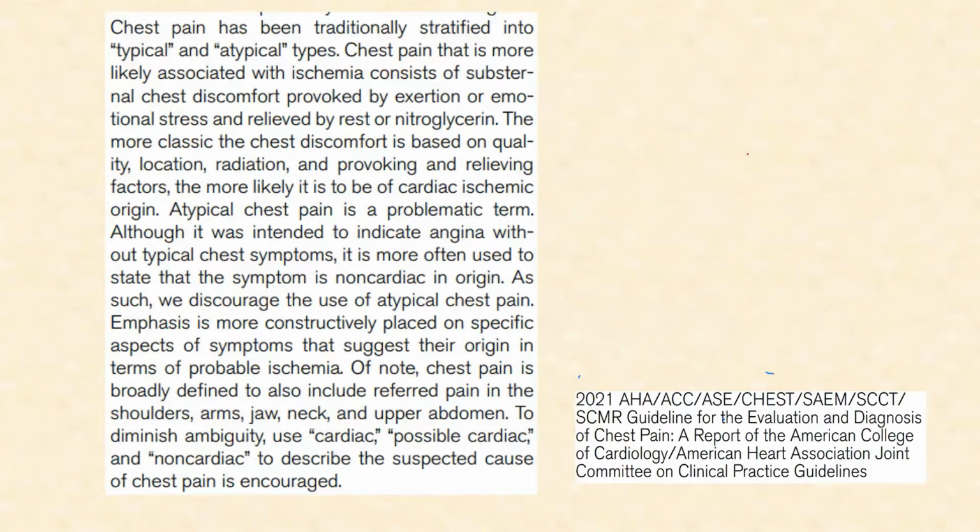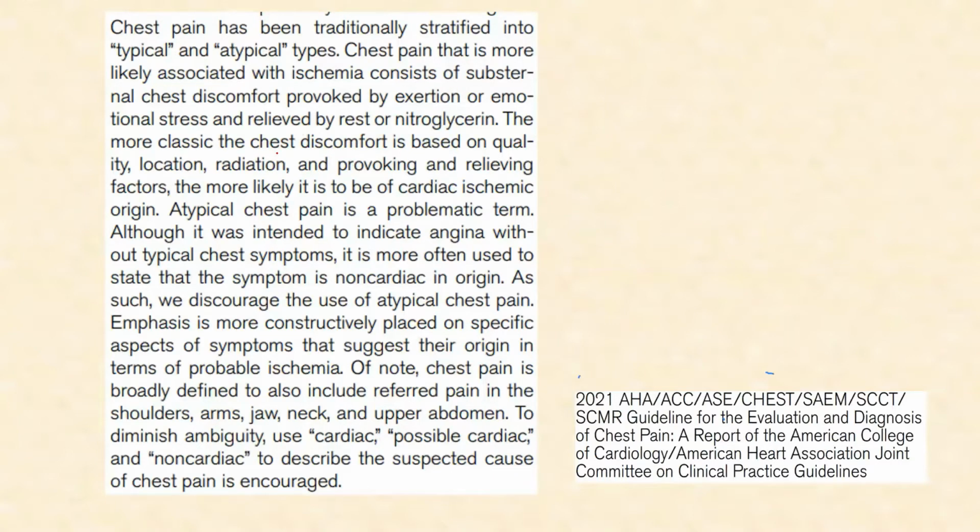Chest pain has been traditionally stratified into typical and atypical. Chest pain that is more likely associated with ischemia consists of substernal chest discomfort provoked by exertion or emotional stress and relieved by rest or nitrate.